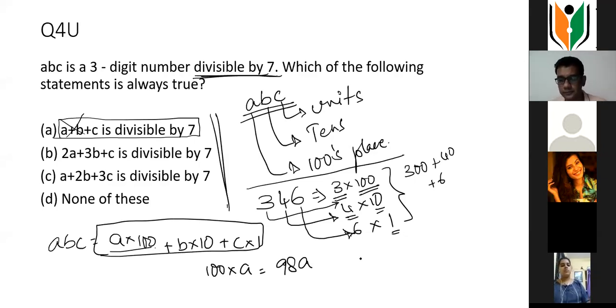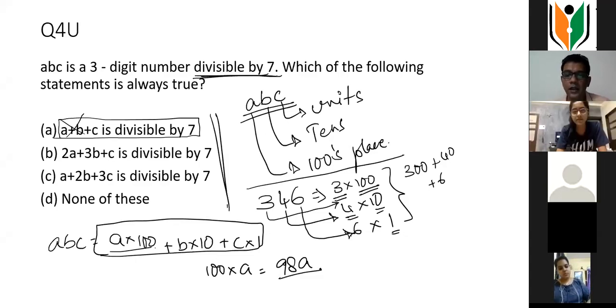Divide and see. 7 ones are 7, 2 carry over 28, 7 fours are 28. Yes, it is. So out of 100A, I take 98A, and 2A is left with me.